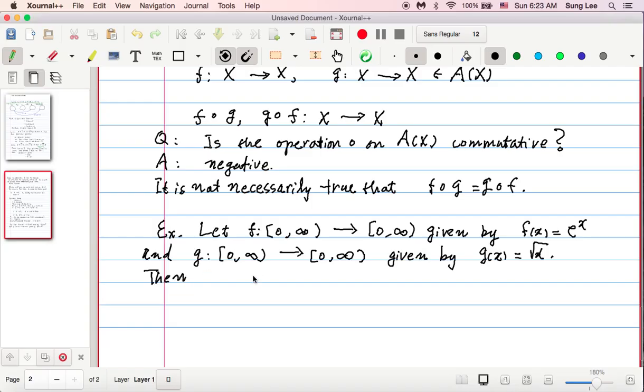Then for each x in this domain, from 0 to infinity, before we continue, I also used another logical symbol, a funny looking one.